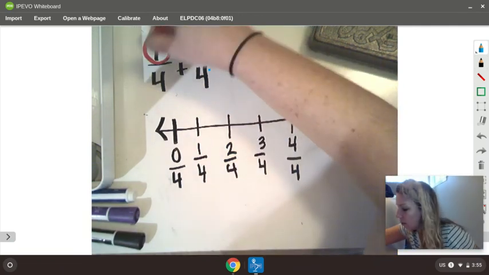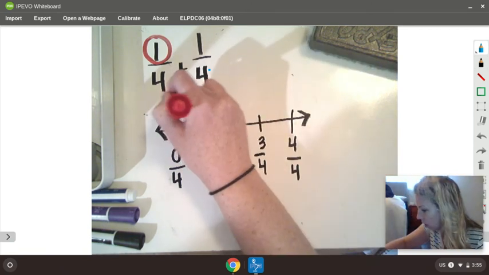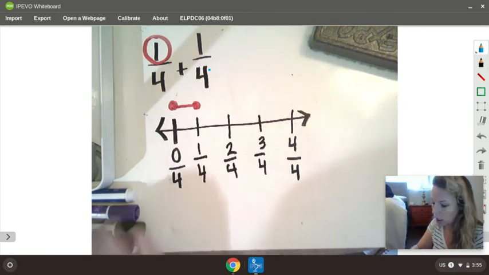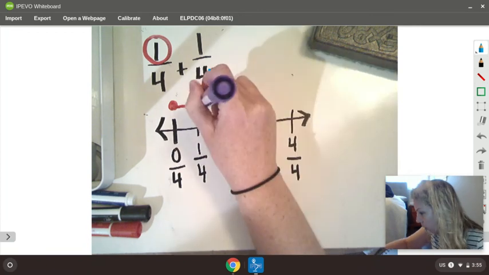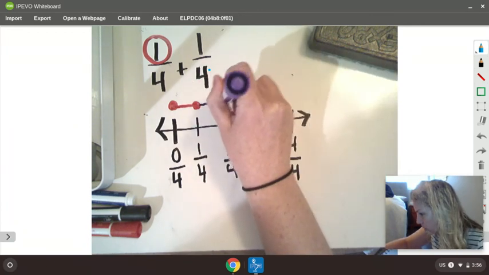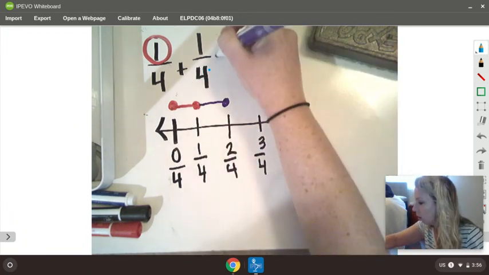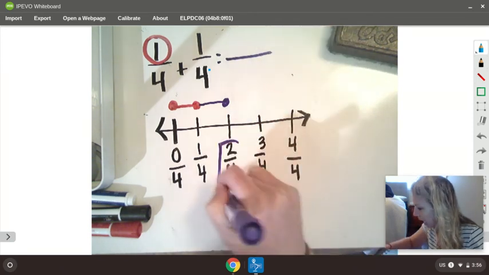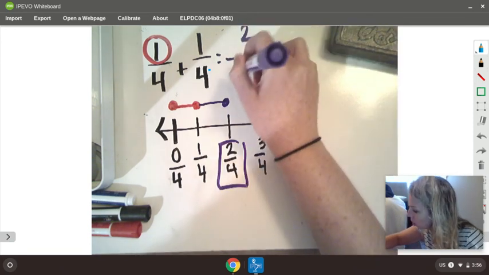In my problem, I'm starting with 1/4, and I'm adding one more fourth. So I'm only moving over one more fourth, and I'm ending at 2/4.